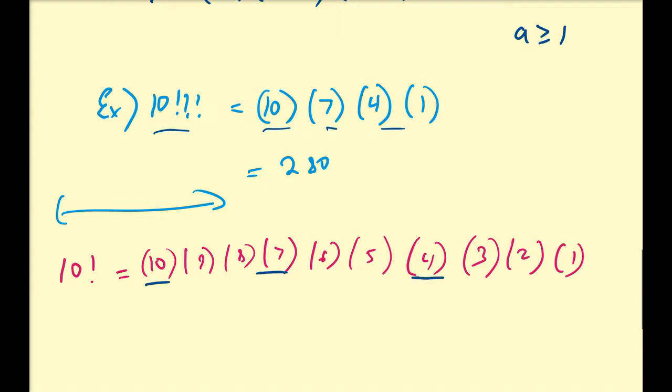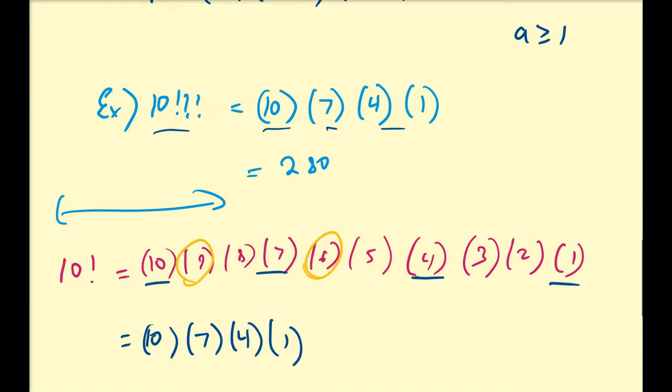I'm going to group those together. And then I'm going to look at 9, 6, and 3. The steps between 9, 6, and 3 are all 3, hence why we're looking at triple factorials. So this is going to be 9 times 6 times 3.